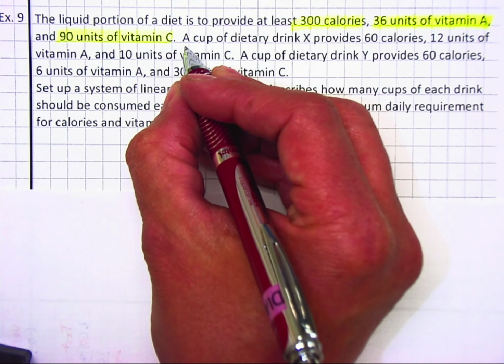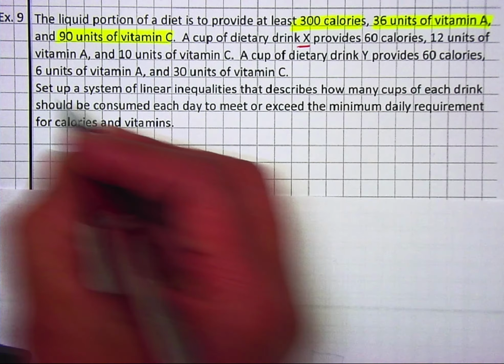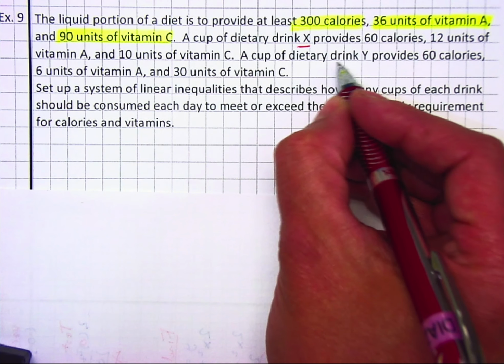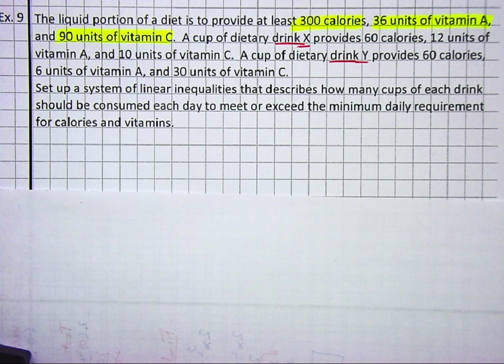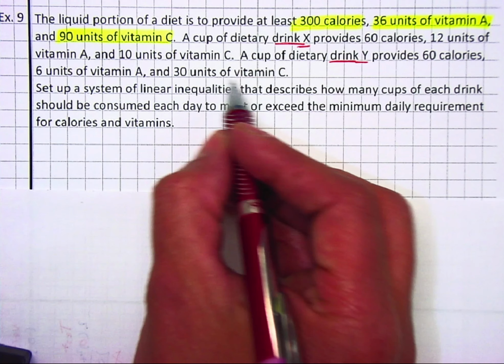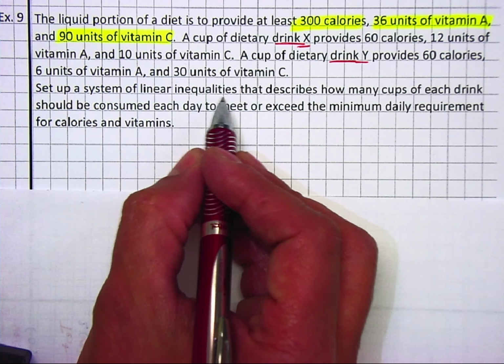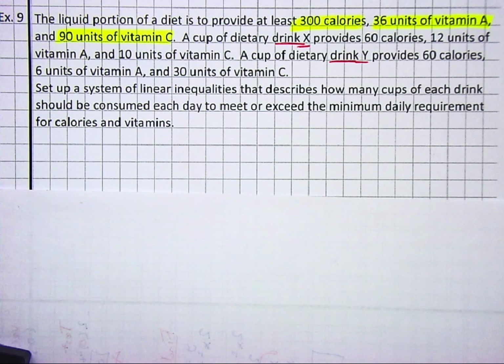A cup of dietary drink X provides 60 calories, 12 units of vitamin A, 10 units of vitamin C. A cup of dietary drink Y provides 60 calories, 6 units of vitamin A, and 30 of vitamin C. We need to set up a system of linear inequalities that describes how many cups of each drink should be consumed.